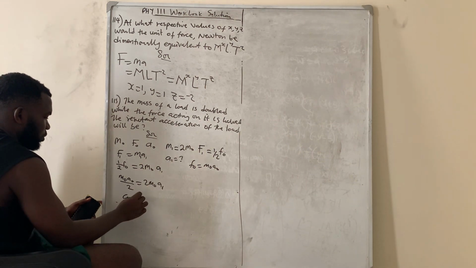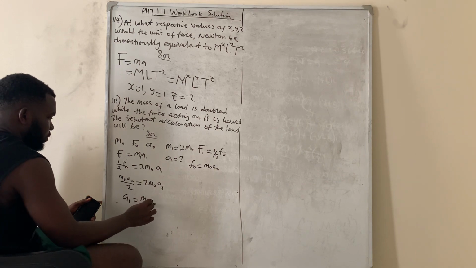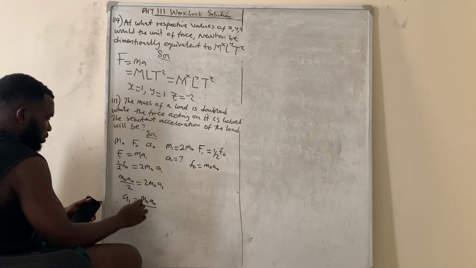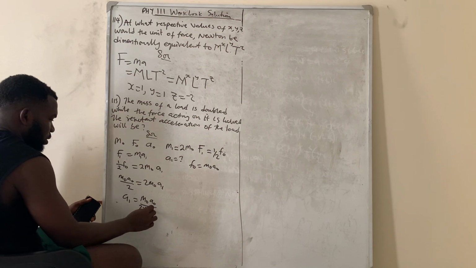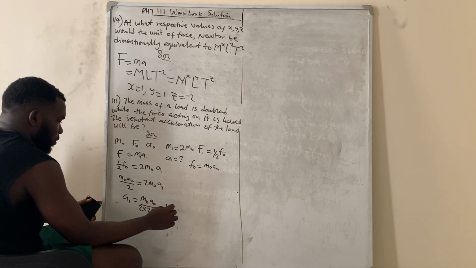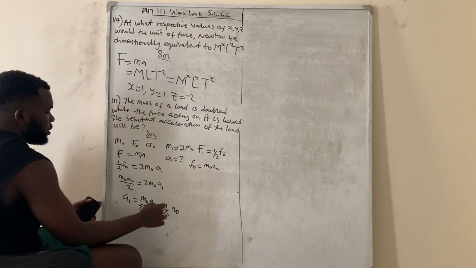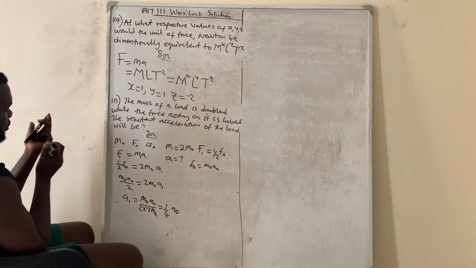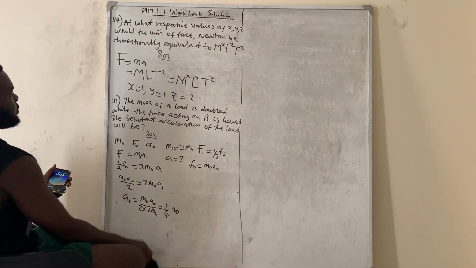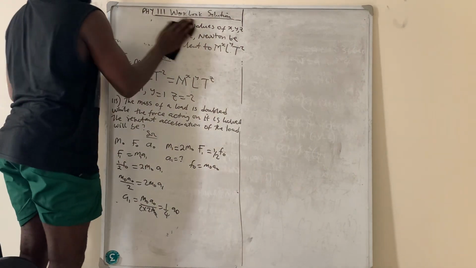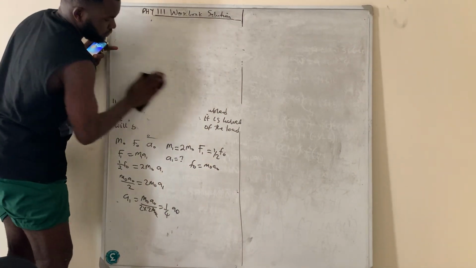So a1 will be m0 a0 all over 2 times 2 m0. The m0 cancels m0, and I have 1 over 4 a0. So the acceleration will now be 1 over 4 of the initial acceleration. So that is that. Move to question number 116.